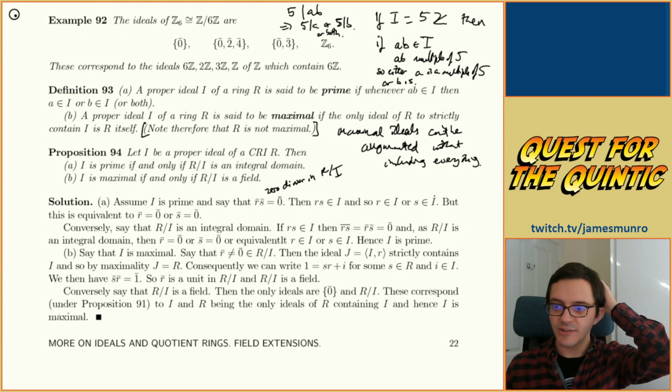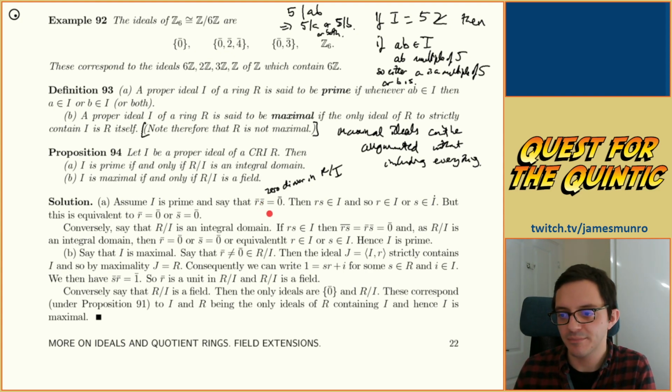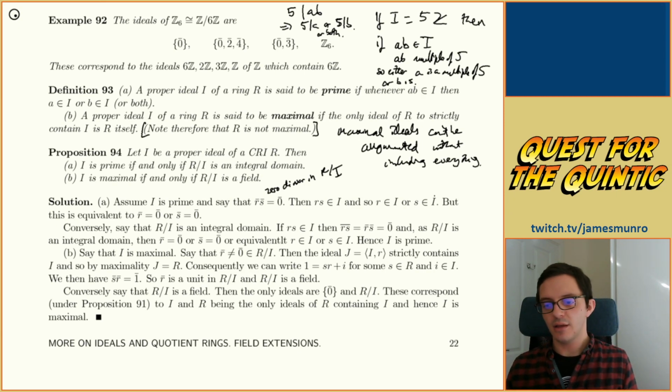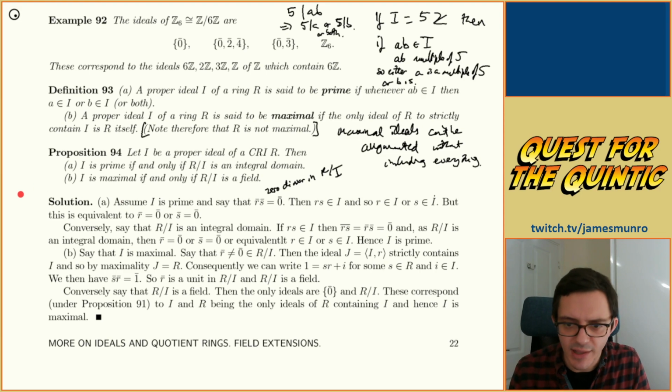So RS, these are elements. So this is like R plus I, S plus I. And when you multiply them, considering elements of I to be equal to 0, so the only leftover bit is the R and S bits. Let's write that out. R plus I, S plus I.